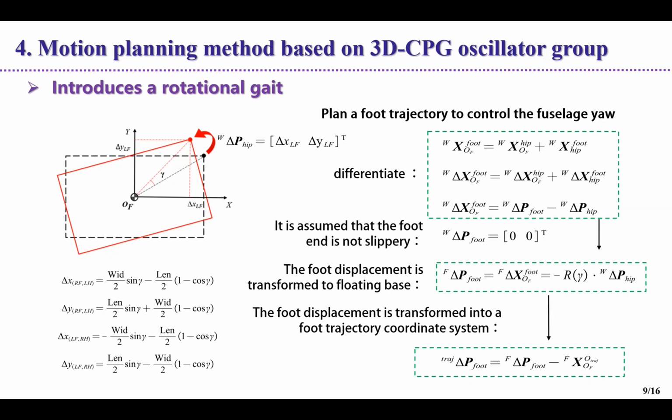The delta x and delta y are obtained through the geometric relationship and then transformed into the coordinate system of the foot trajectory, so as to realize the support leg trajectory of the rotation gait designed directly in the foot workspace.